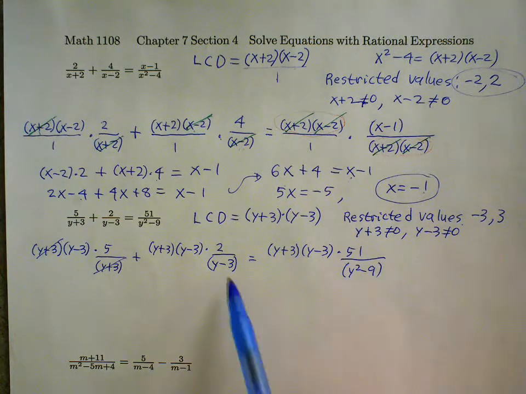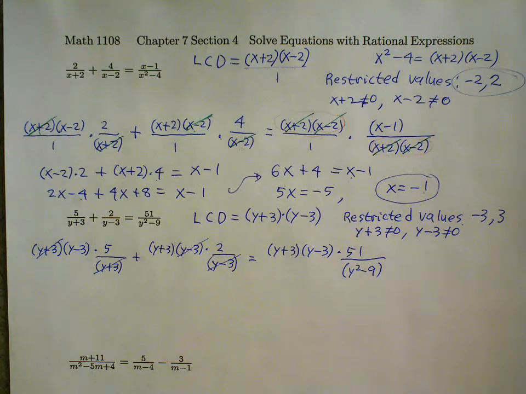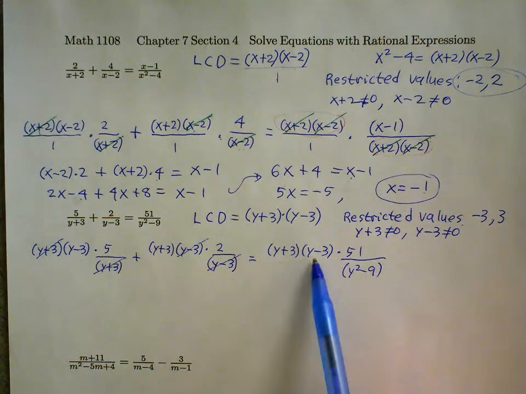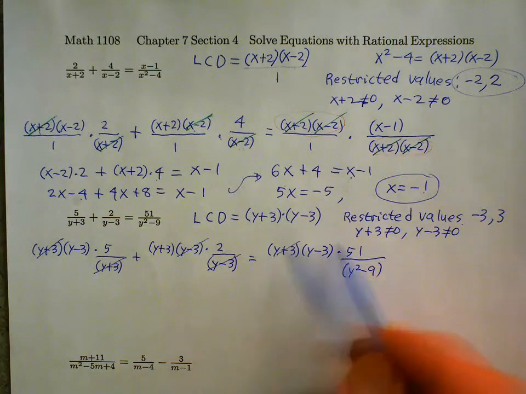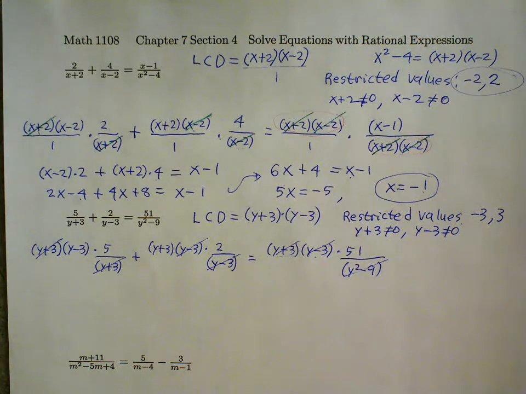In the next product, y minus 3 divided by y minus 3, those cancel. And on the right-hand side of the equation, since y plus 3 times y minus 3 is y squared minus 9, both factors cancel with y squared minus 9.